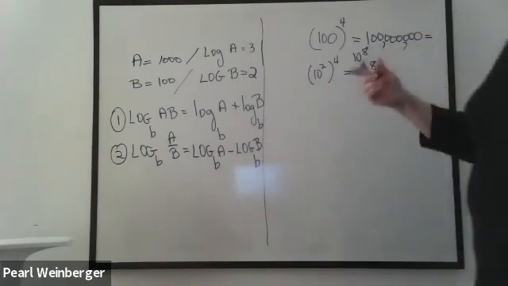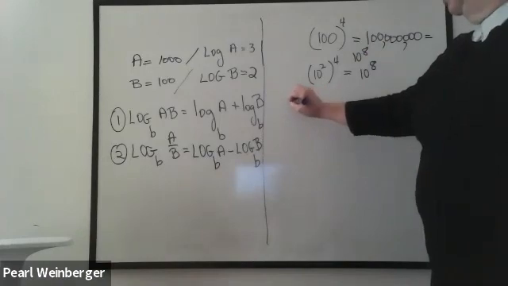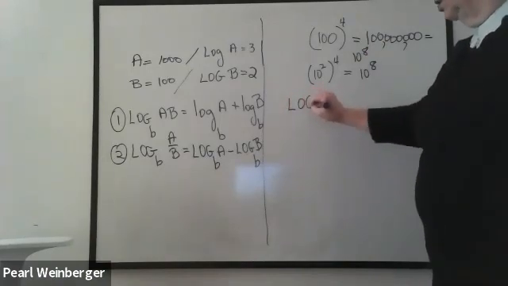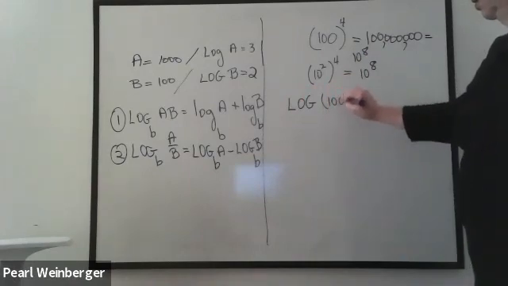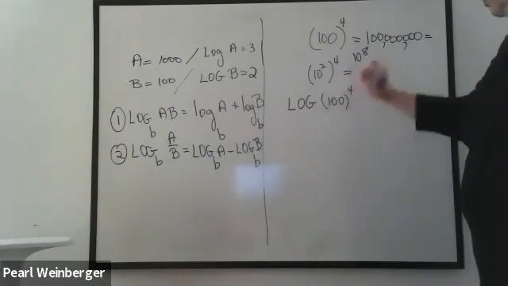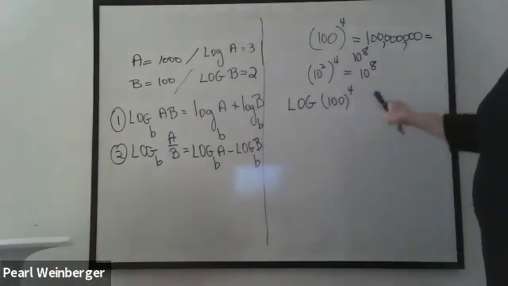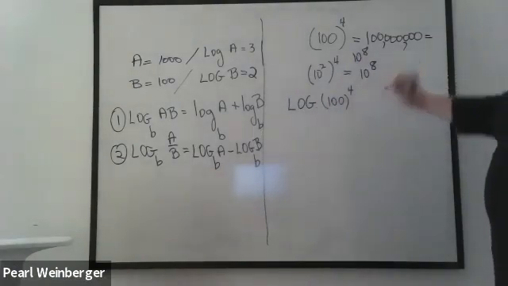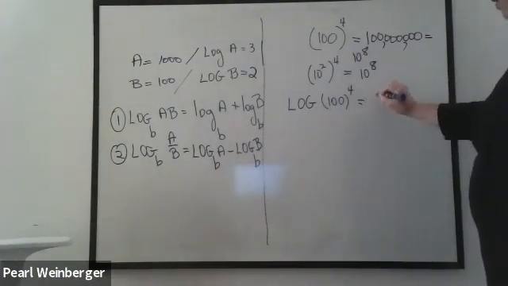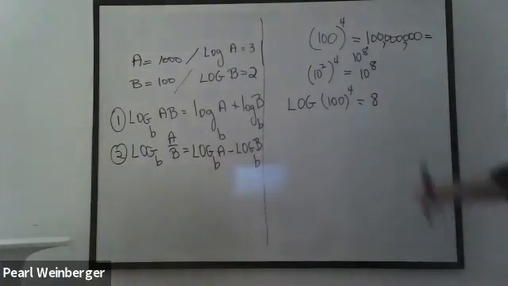So how does this affect logs? Suppose I want the log of 100 to the 4th power. Well, I know what that answer is going to be. The log has to be the exponent. That has to be equal to 8.